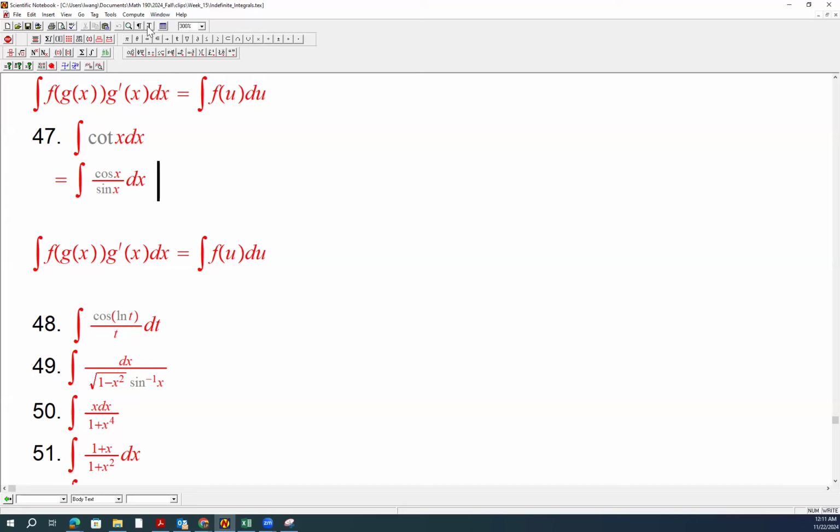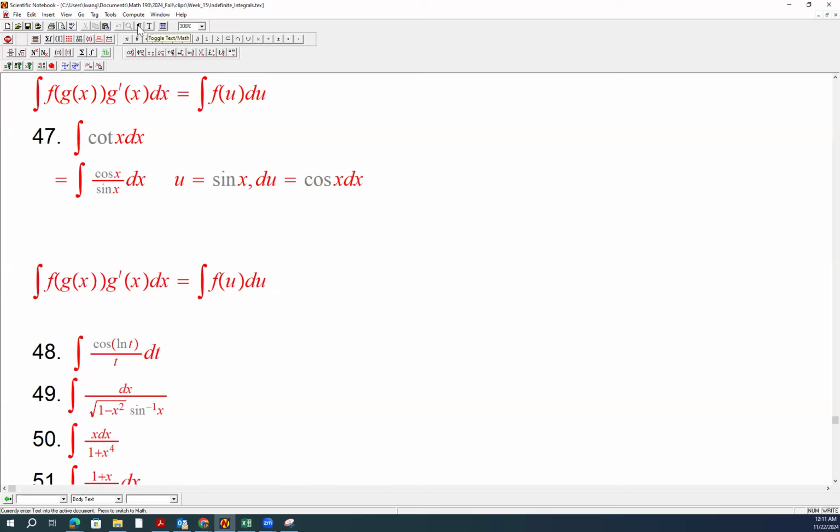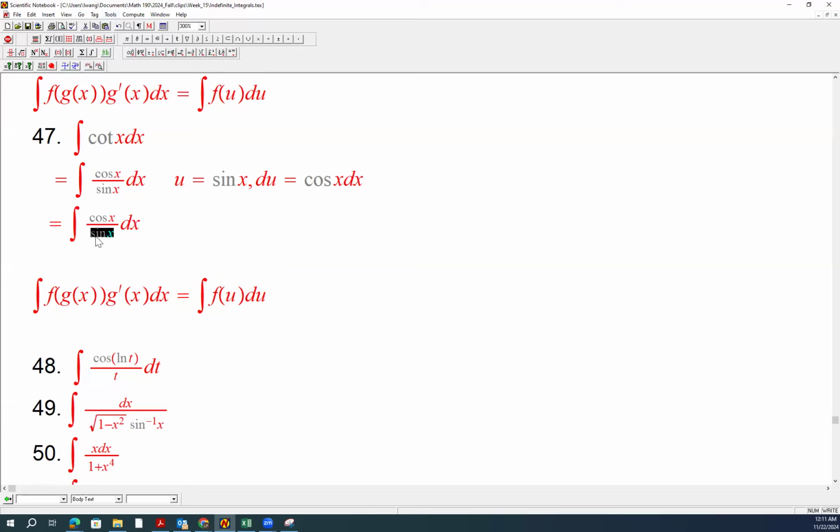So how are we going to substitute? We're going to use u equals sine x, so du equals cosine x dx. So this is pretty straightforward from this point. This is a u, cosine x dx, that's du.